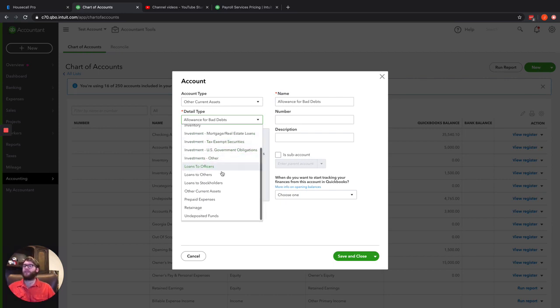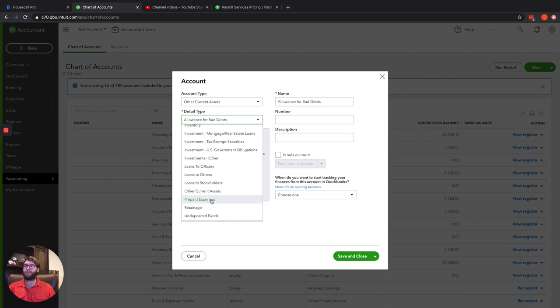You've got investments. Maybe you make an investment in another company and you're making dividends in it, something like that. You've got prepaid expenses. So maybe you pay your insurance. If you're on accrual accounting here, please keep in mind that assets, especially prepaid assets, is only going to affect accrual accounting.